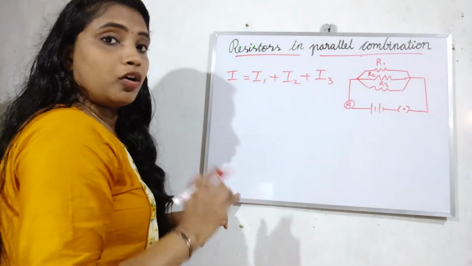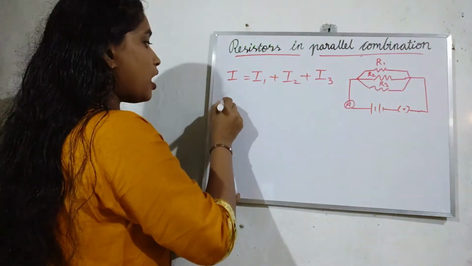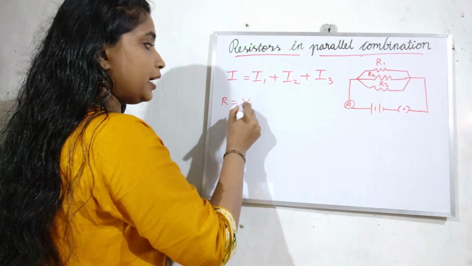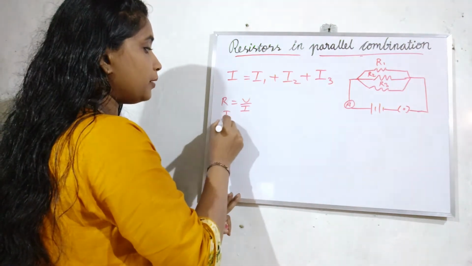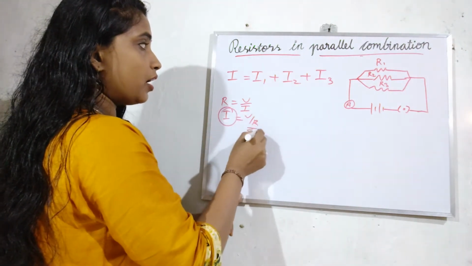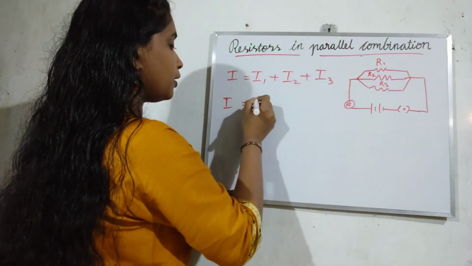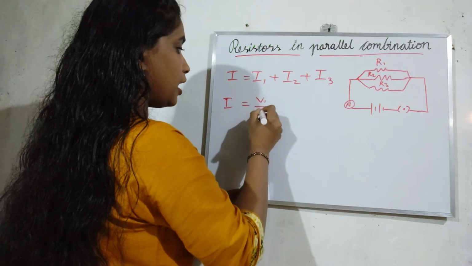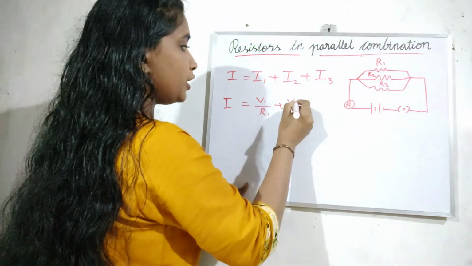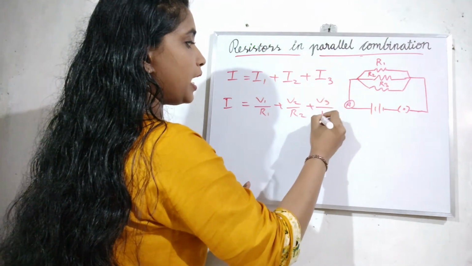So we can apply Ohm's law. We know that R is equal to V by I, then I will be equal to V by R. So we can substitute V by R instead of I. I is equal to V1 by R1 plus V2 by R2 plus V3 by R3.